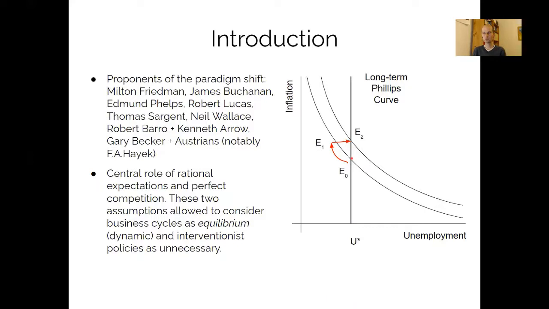So what Milton Friedman and Edmund Phelps started to argue is that the short-term Phillips curve is not the only one which we should care about. The short-term Phillips curve is this inverse relationship, but the long-term Phillips curve is something we should care about as well. And the long-term Phillips curve is actually vertical.